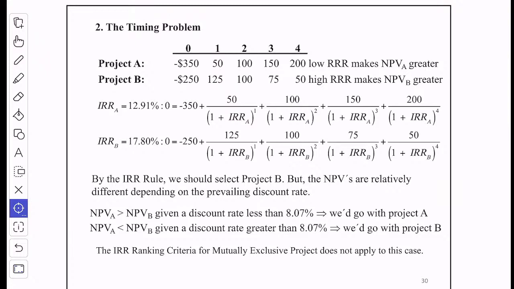So what we need to do is figure out where project A is good and where project B is good, and compare that relative to the discount rate that we want to use. So how do we do that?